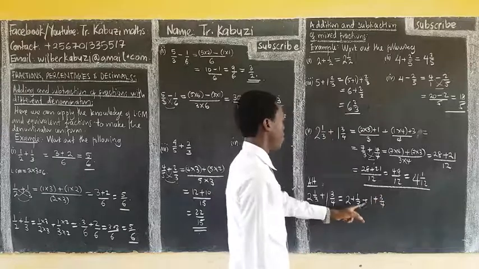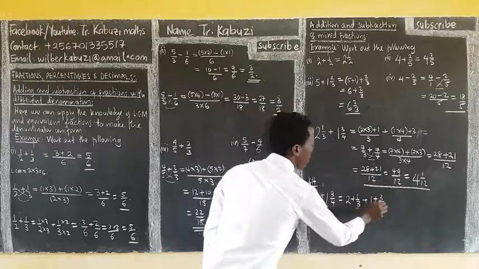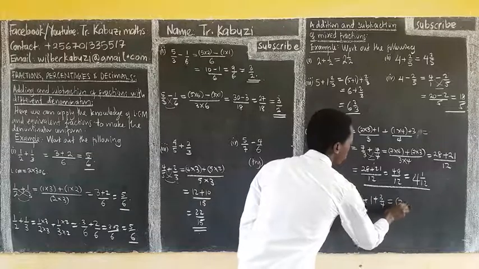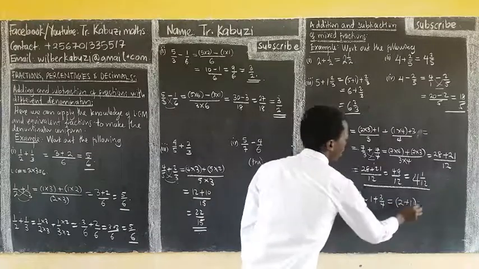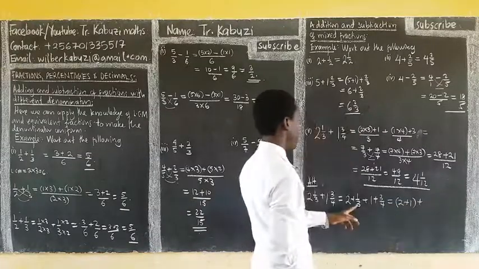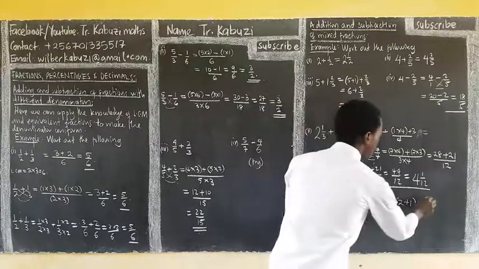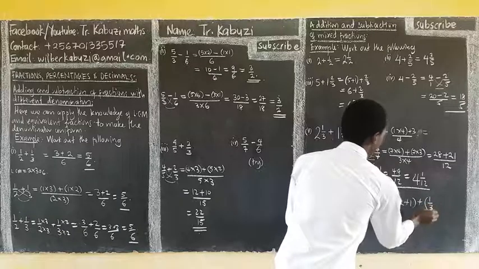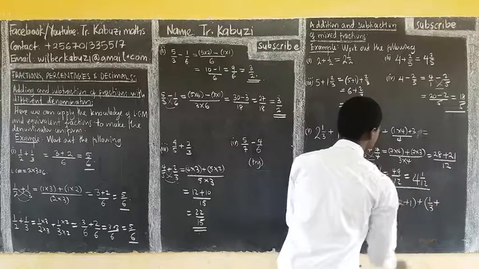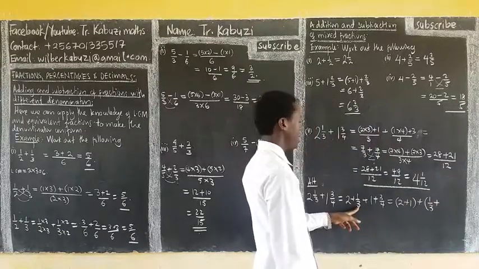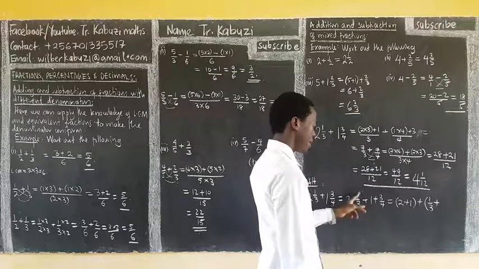So now I can combine this and this. I'll be adding now 2 plus 1, then plus. Now I combine this and this. With the whole numbers first, you have to be careful because in addition you may not get it first, but when it comes to subtraction, this one always first.